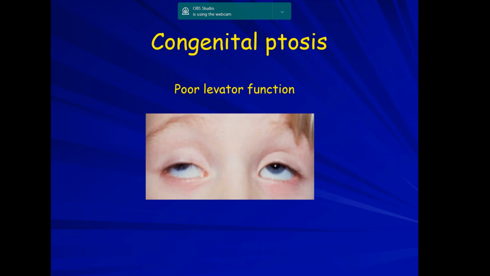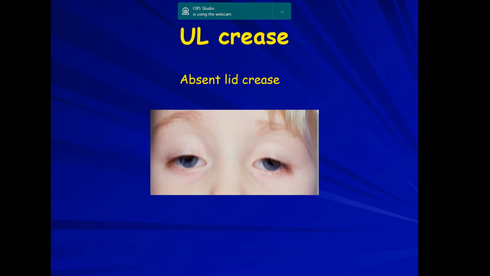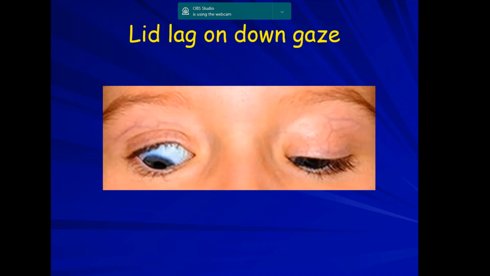As congenital ptosis is one of the commonest causes of ptosis, levator function should properly be evaluated. Congenital ptosis is characterized by poor levator function, as we can see here in the photo. Also, it is characterized by absent lid crease and lid lag on down gaze.